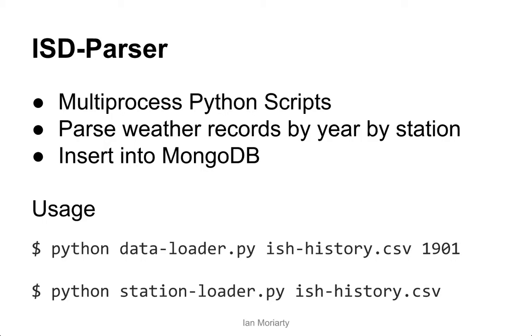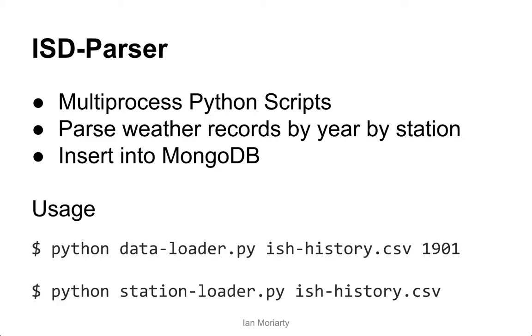The usage is really simple. You run data loader, you give it the history file, which is all the station locations, and you give it a folder. The folder contains all the recordings for that year for all stations. Then it'll go through the folder, look up what station is recording it from the file that we fed it before, and add that extra metadata onto that information, which is missing otherwise.